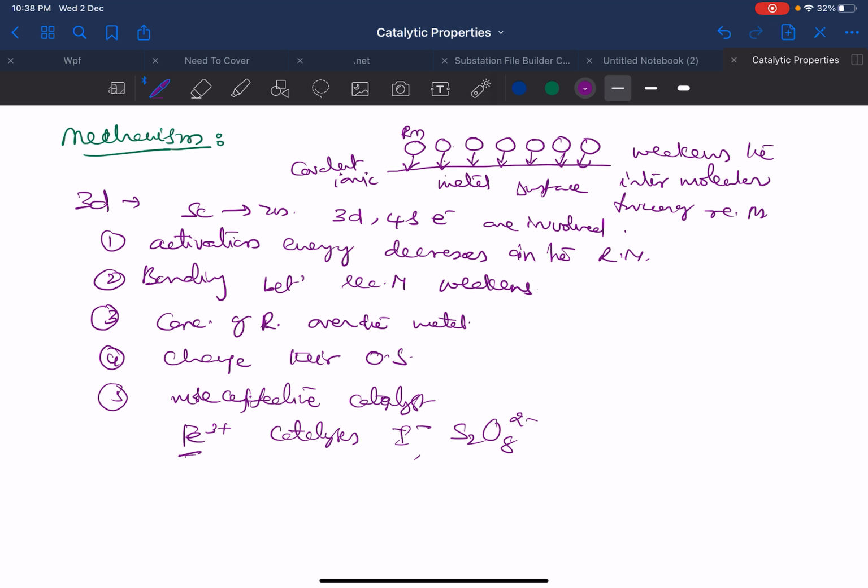The equation is like that: 2I- is catalyzed by the ferric ion, or the ferrous ion Fe2+, and with S2O8 2- persulfate ion it gives I2 plus 2SO4 2-.